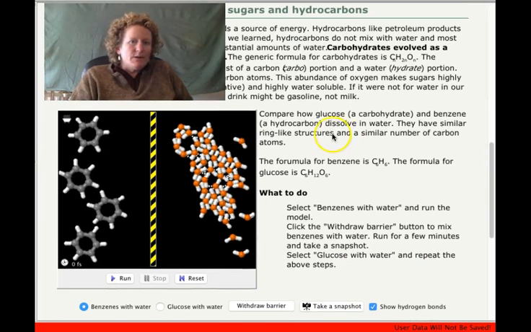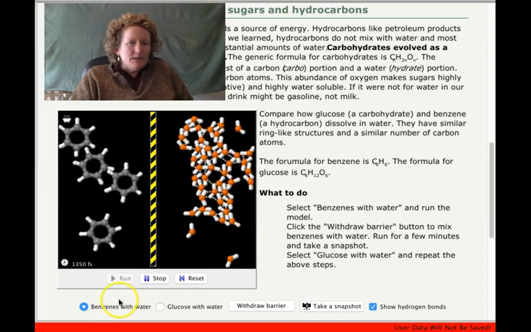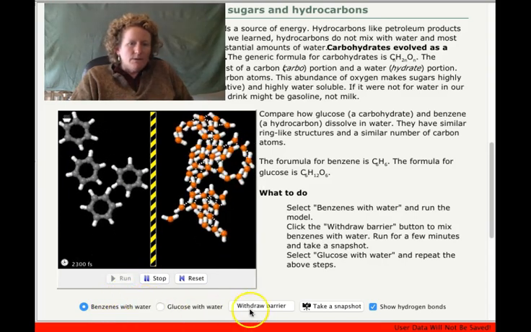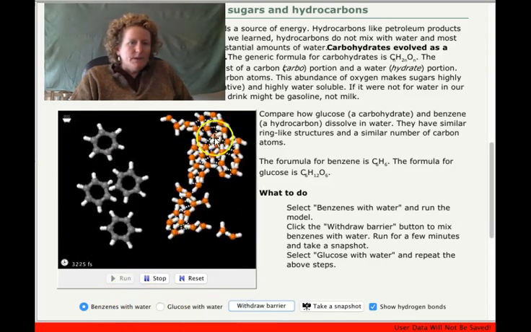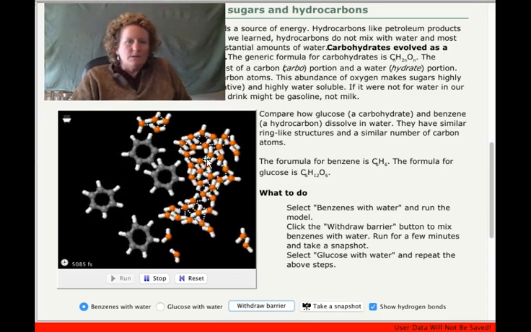So we're going to compare how glucose, a carbohydrate, and benzene, a hydrocarbon, dissolve in water. They have similar ring-like structures and a similar number of carbon atoms. So let's run. This is benzene with water, and we're going to remove the barrier. Here's the water, these hydrogen and oxygen deals.